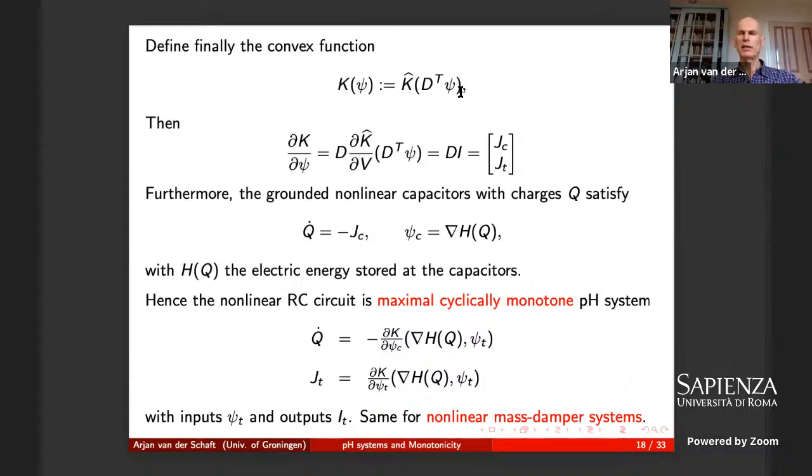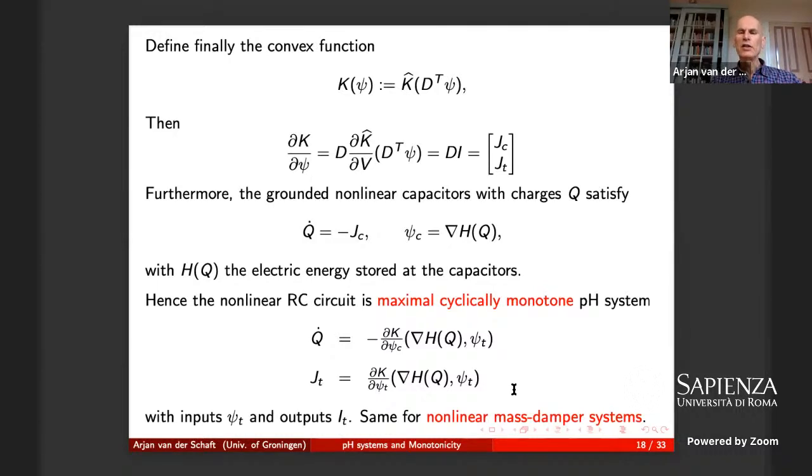So we basically take the function k hat, and then we substitute for v this expression. And it is then easy to see that the gradient vector of k is given like this. These are the currents, so this is equal to this. Then we add the equations for the capacitors, which is just this, and the voltage potentials are given as the gradient of the Hamiltonian, which is in this case the total electric energy.